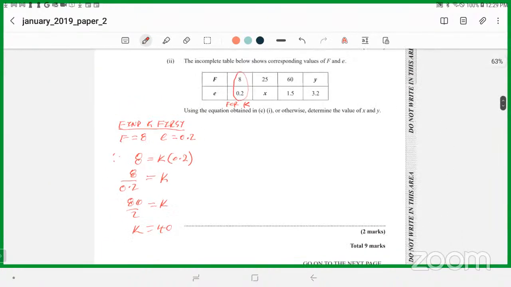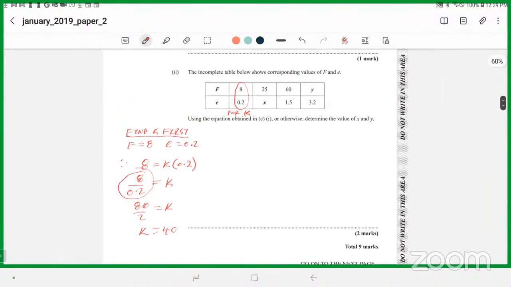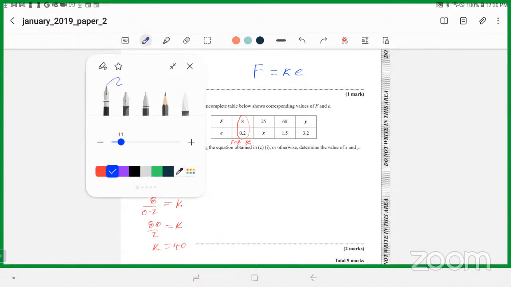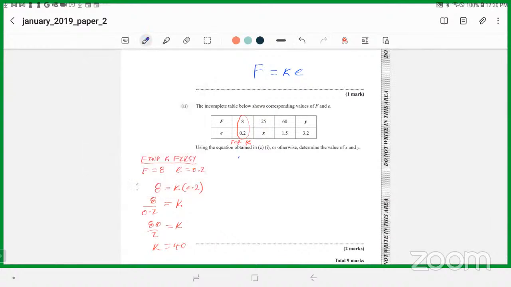Now that we know K is 40, you can work this out with the calculator if you want, and you're going to get 40 just the same. I'm going to take this 40 and substitute it right here to get the relationship. Therefore, our formula now is that the force is equal to 40 times the extension.